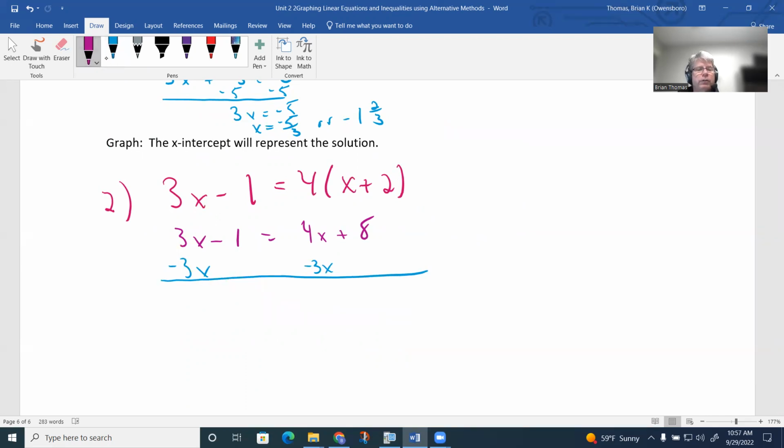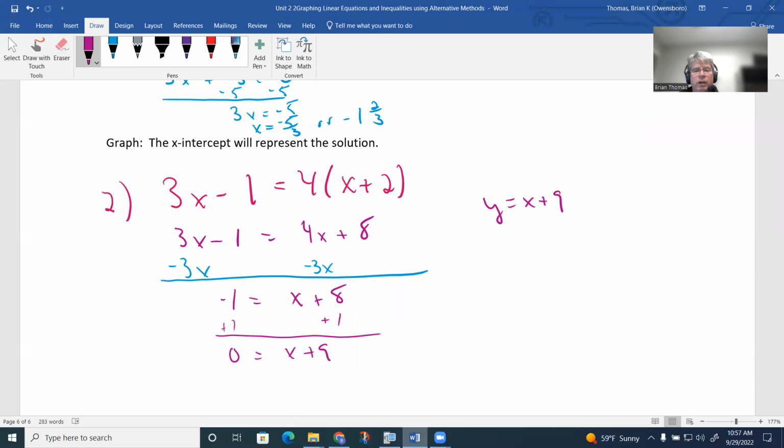We then have negative 1 equals x plus 8. Add 1 to both sides, and we have 0 equals x plus 9. So if I wanted to, I can graph y equals x plus 9.